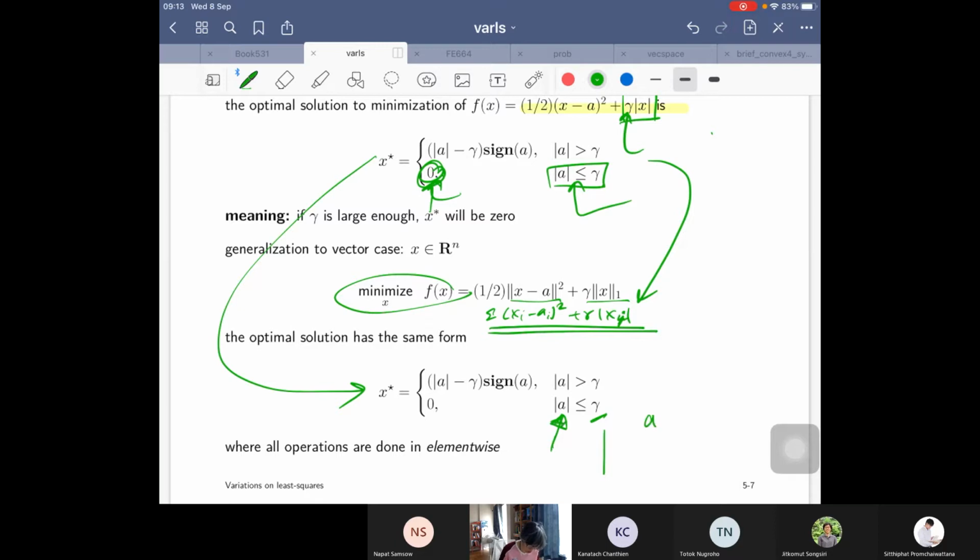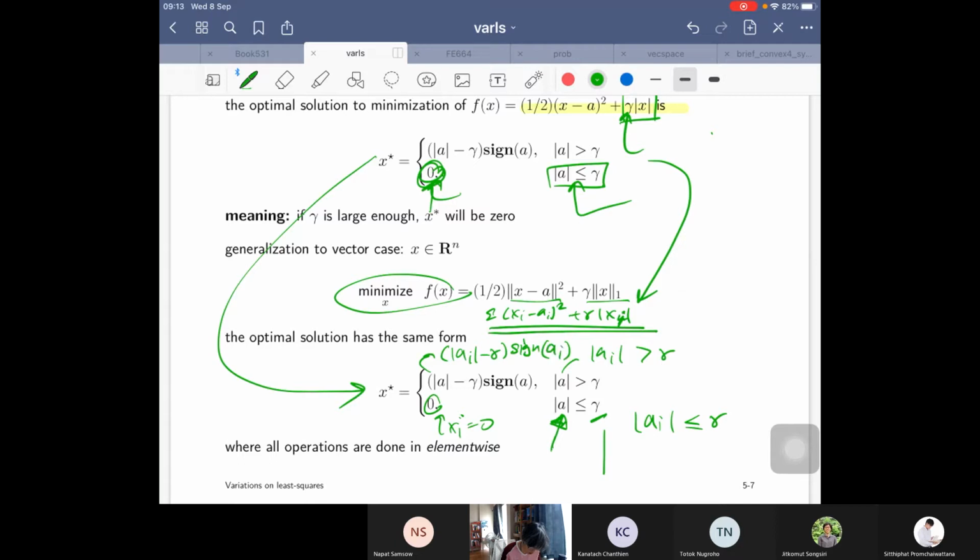So whenever |a_i| is less than gamma, x_i will be 0. And whenever the magnitude of a_i is bigger than gamma, your x_i is going to be the magnitude of a_i minus gamma, times the sign.